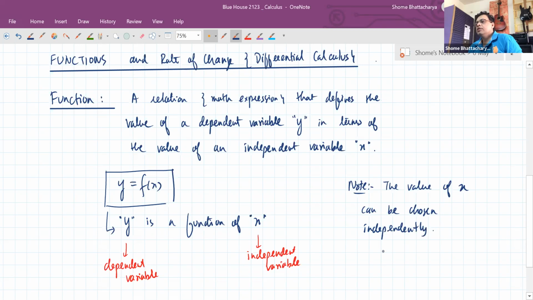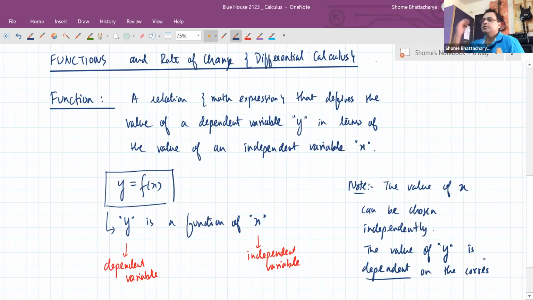Whereas the value of y is dependent on the corresponding value of x. So for a given value of x, the corresponding value of y depends on what value of x we have selected. So that's why it is called the dependent variable.